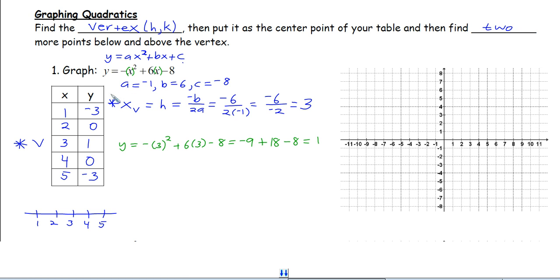Okay, let's graph. I like to start at the vertex. 3, 1, over 3 up 1. And then we have 2, 0. We have 1, negative 3. We have 4, 0, 5, negative 3, and it looks like we have a good shape going on here.